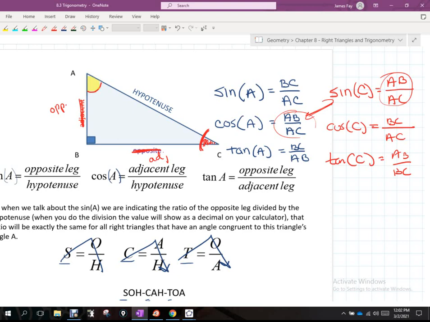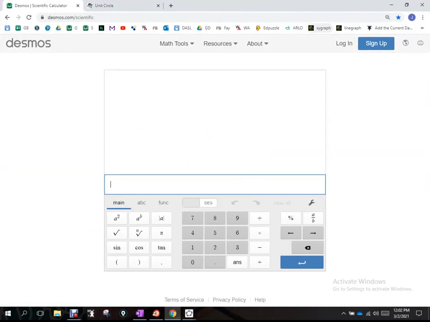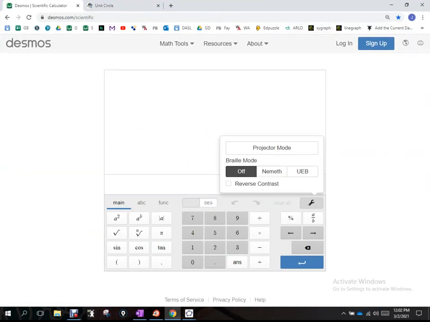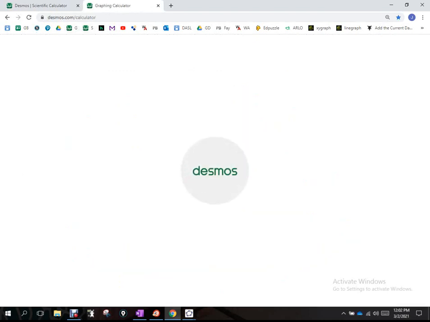Well, think about it. Get your calculators out real quick. If I go to, and I'm going to do this on Desmos in front of you. I'm just going to use the scientific calculator that Desmos offers. It would be really no different when you use the graphing version.